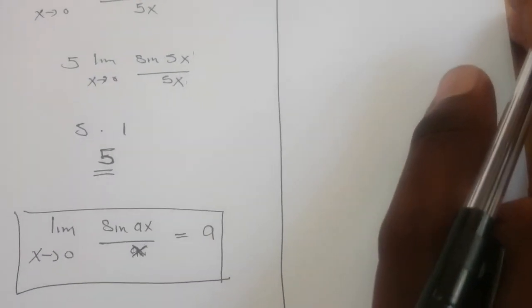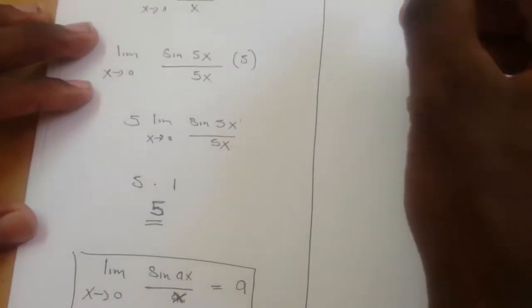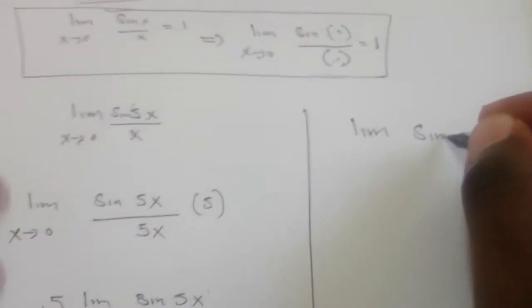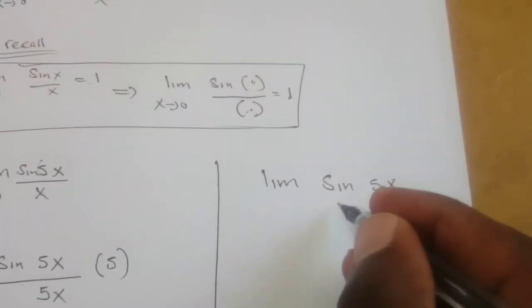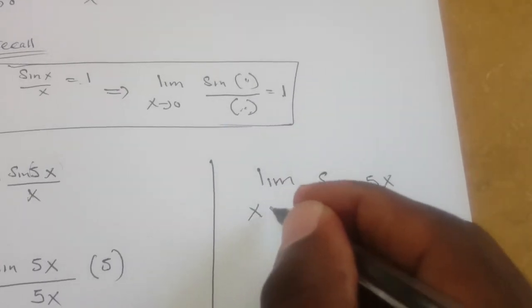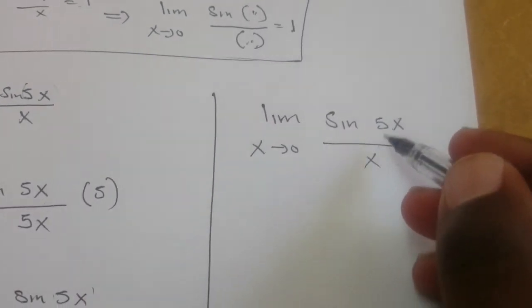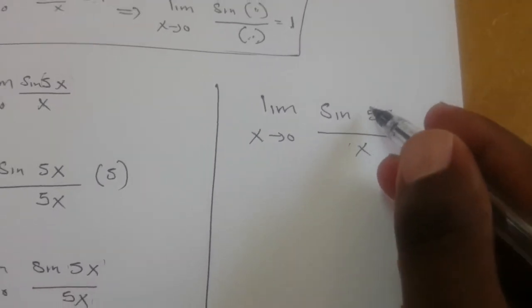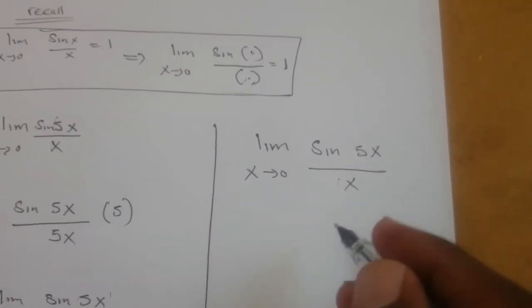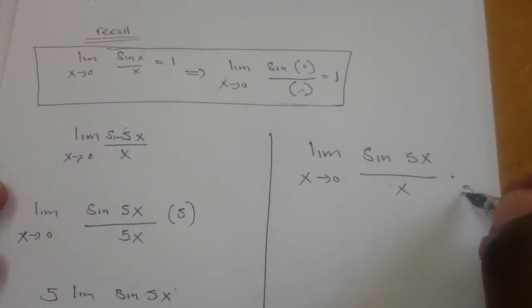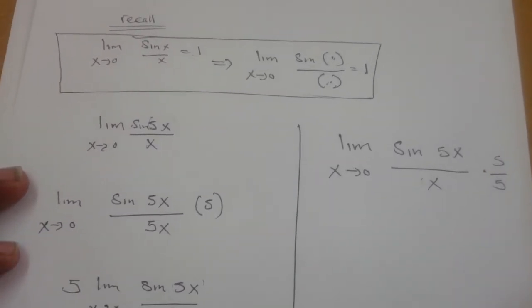The other way of doing this is just saying the limit of sine 5x over x as x is approaching 0. Since you want to make this part look like that part, we are going to multiply by 5 on the numerator and on the denominator.